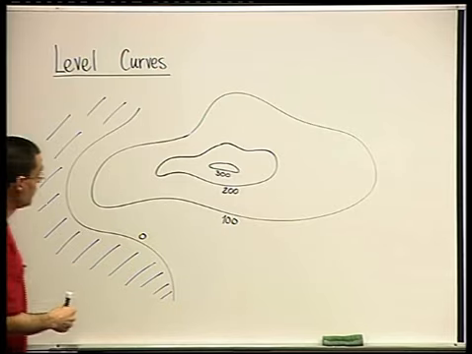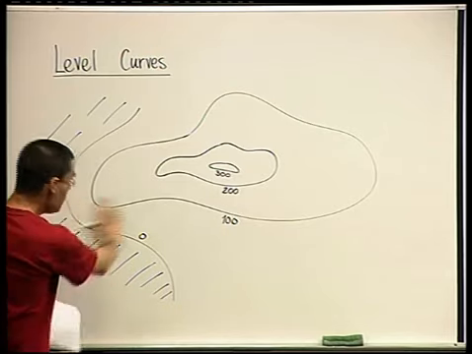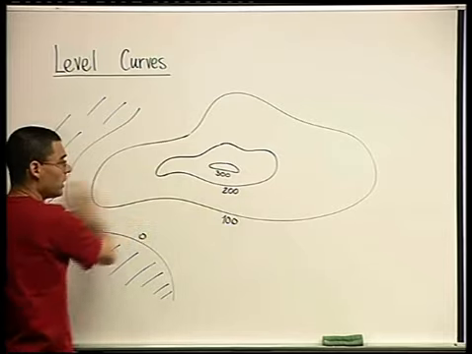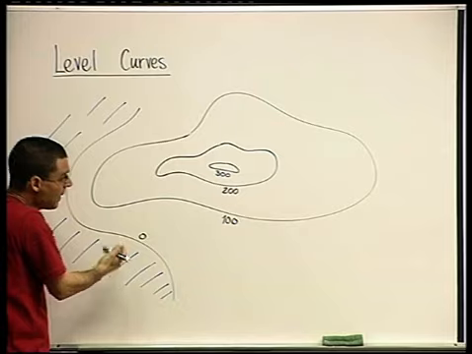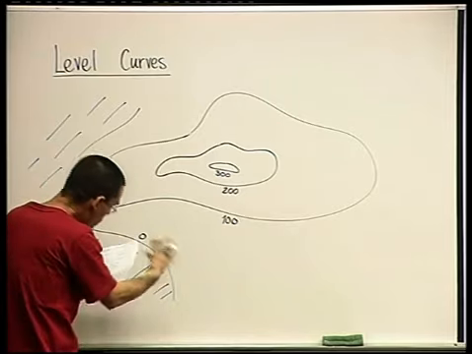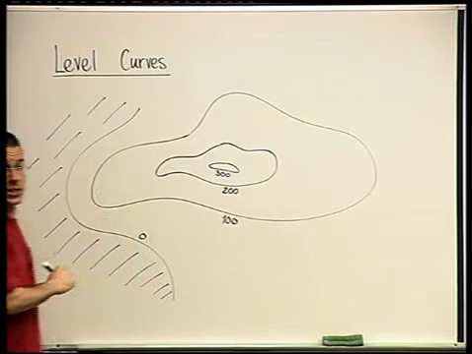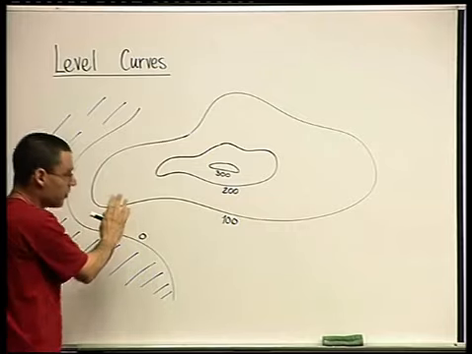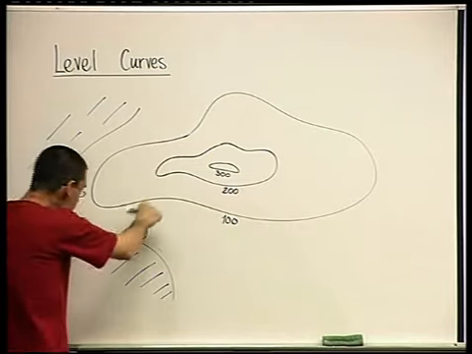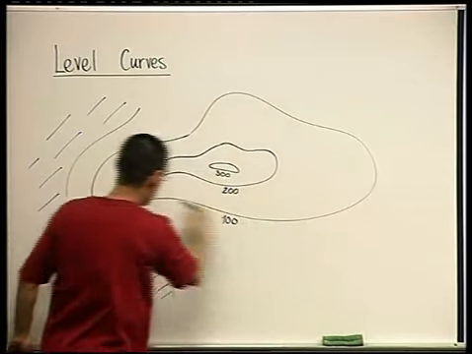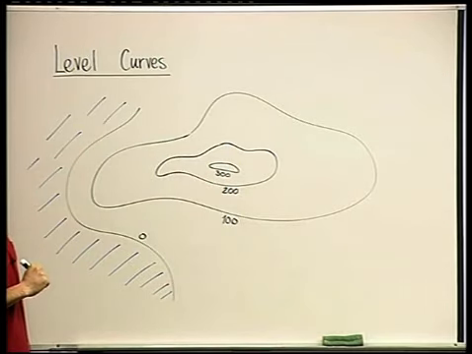Note that this is only a drawing of the xy plane, the domain of the function, but it still captures information about the function itself, about the height at every point. Is this clear? These lines are called level curves.